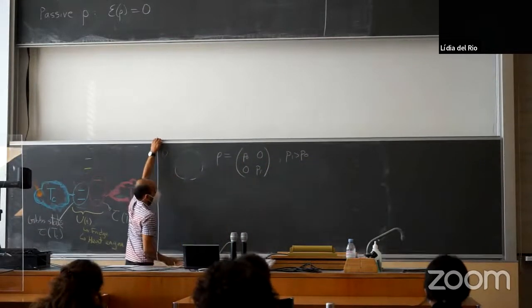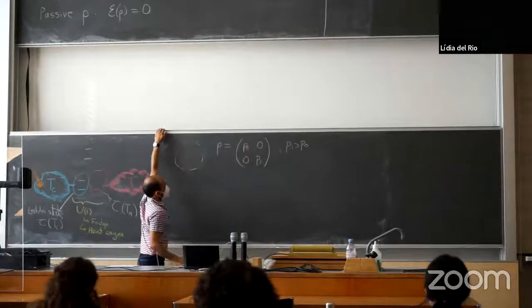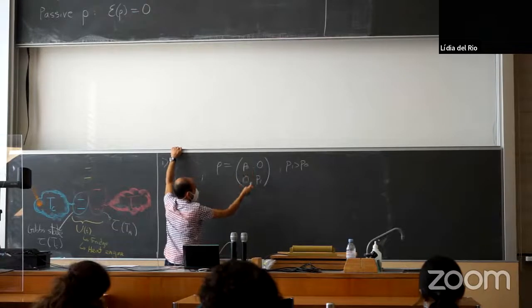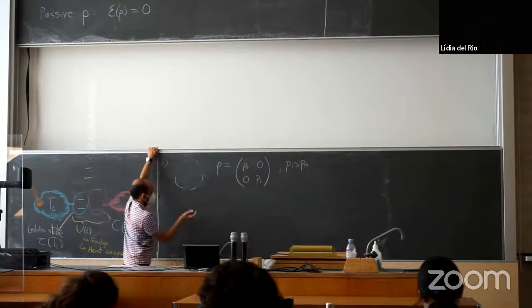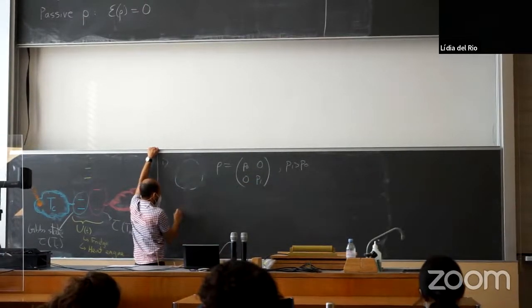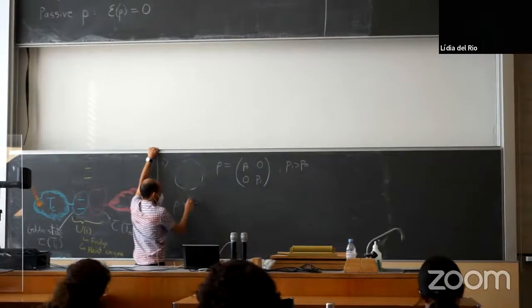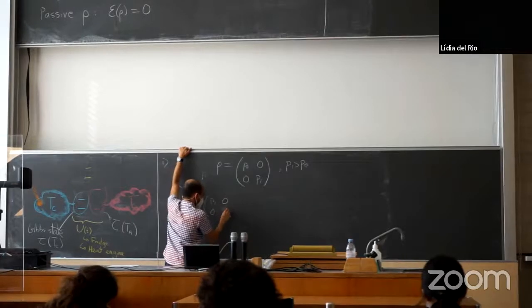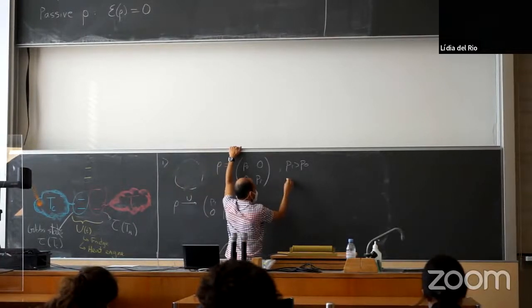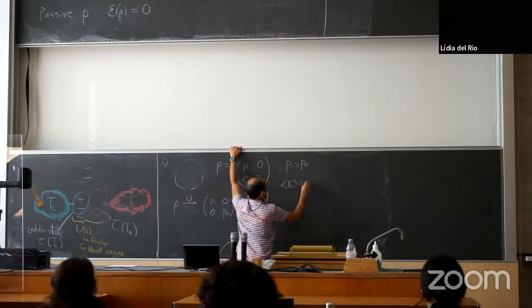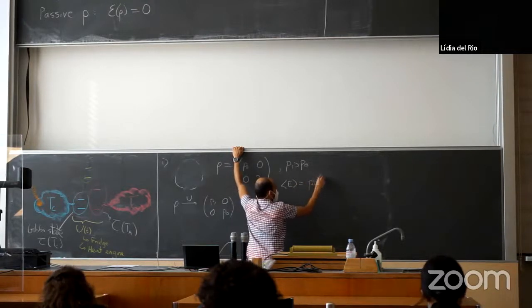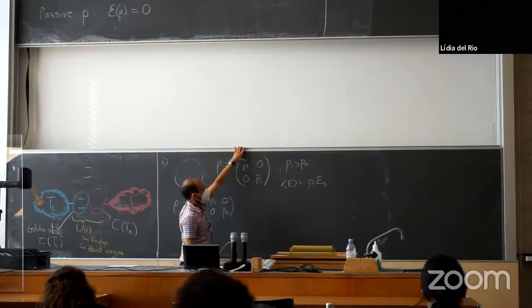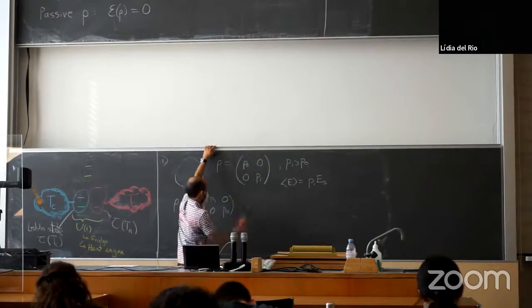Then I simply do the unitary that flips these two things. I simply do the unitary operation that will rotate P1 into P0 and vice versa. So this is a unitary around the x-axis, and then rho goes to diag(P1, P0). The initial energy is equal to P1 E of the system, because I take the energy of the ground state to be 0 and the excited state to be just E of the system.